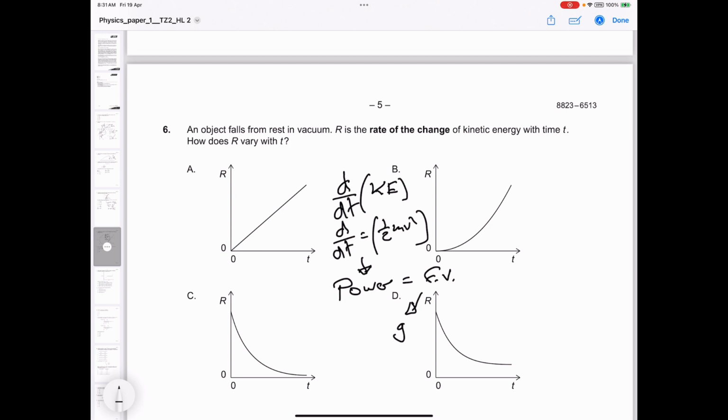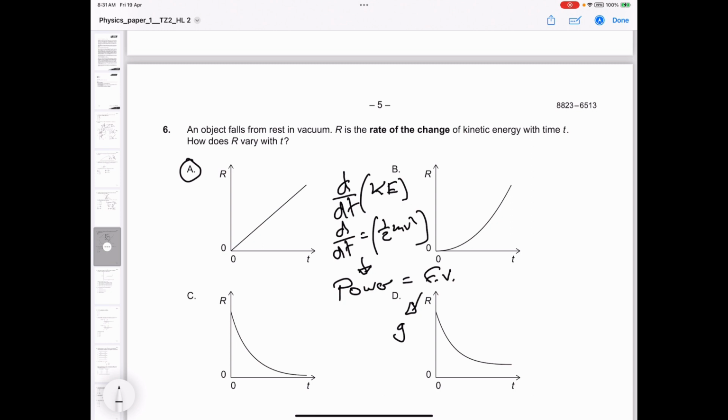Therefore, the answer must be A, a straight line going from 0 up to some time t. So the answer is A. We could have eliminated C and D immediately because by common sense we know the power must be increasing with time.